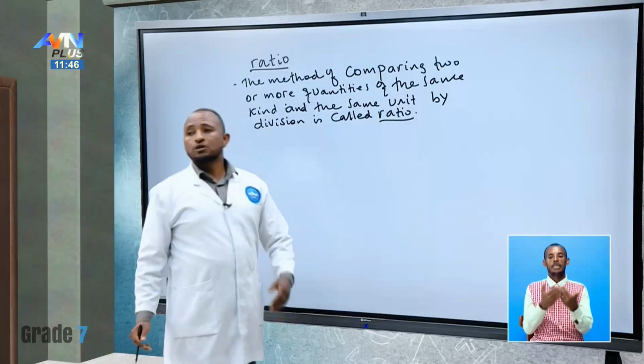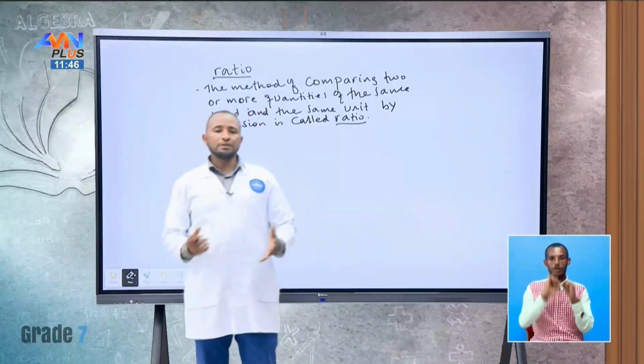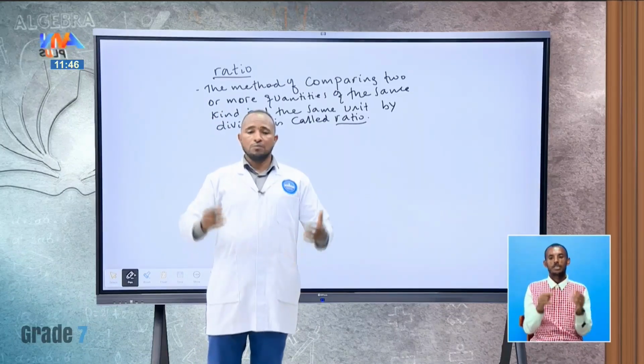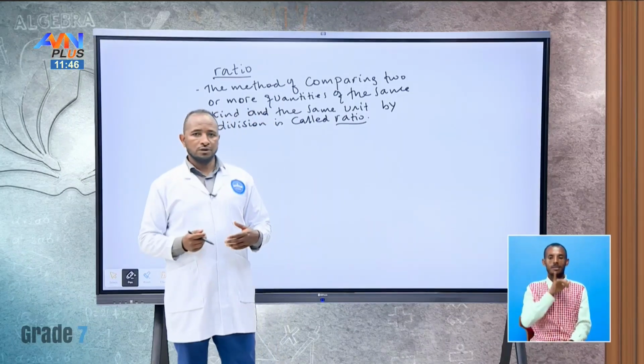Simply, ratio means comparing two or more quantities by division. So the quantities must have the same unit.